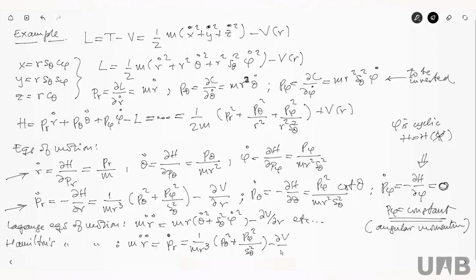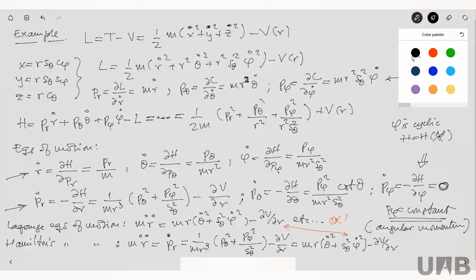And now replacing p theta and p phi in terms of theta dot and phi dot, what I find is m r theta dot squared plus sine theta squared phi dot squared, minus dV/dr. And that's exactly what it had to be. This is the same as this. So you'll find exactly the same equations of motion, whether you write it in terms of the Lagrangian or in terms of the Hamiltonian, all right?